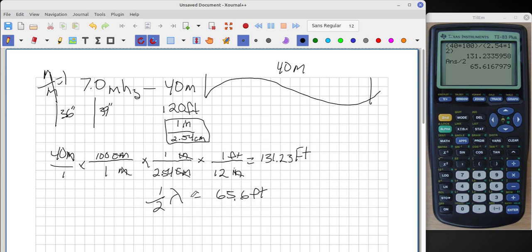This is just a very approximate value. The actual length that we would want to cut a chunk of wire to be a half-wave antenna is going to be a little longer than that. It's closer to 67 feet, somewhere between 66 and 67 feet. So keep that in mind. This is just a way to ballpark the length of a half wave, or we could divide it by 4 and get a quarter wave, whatever it is we need.